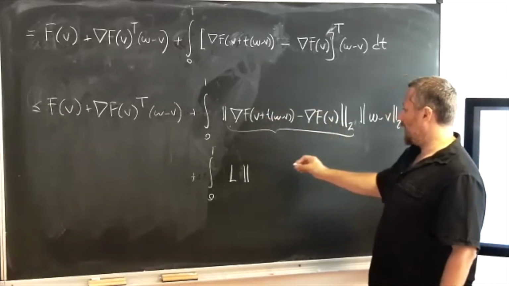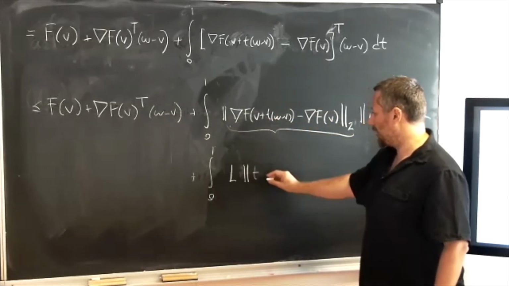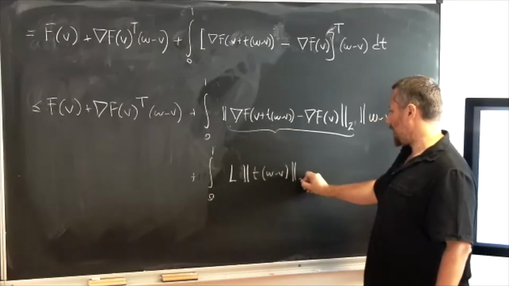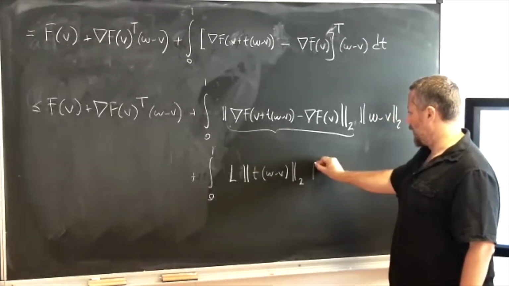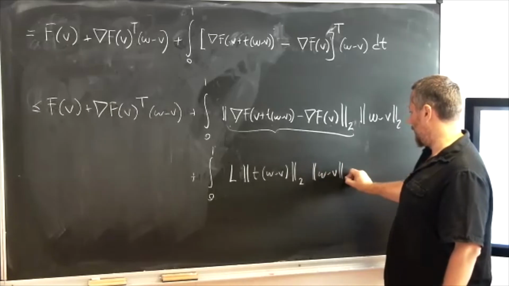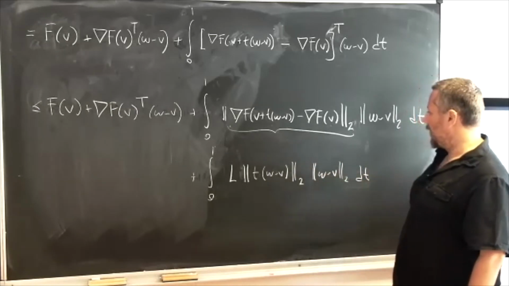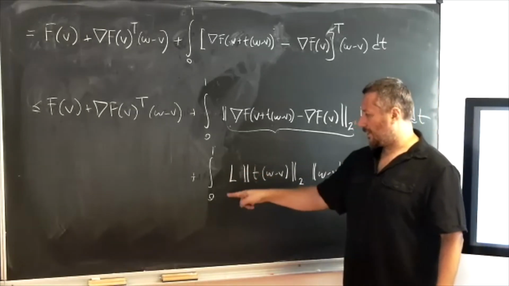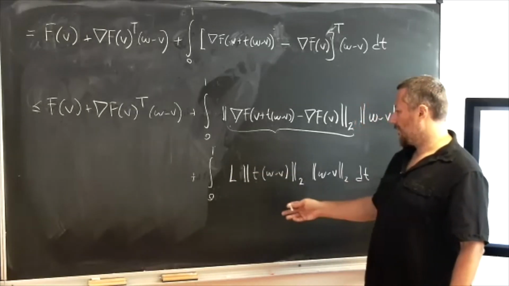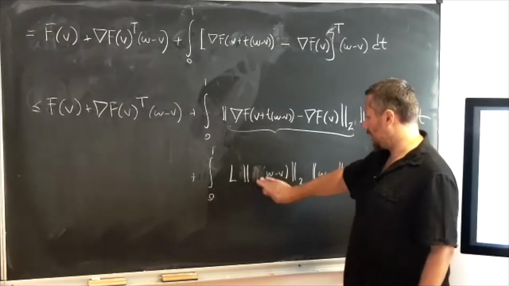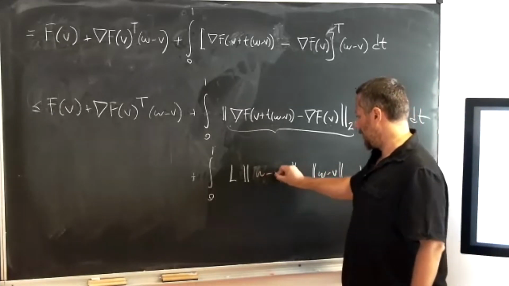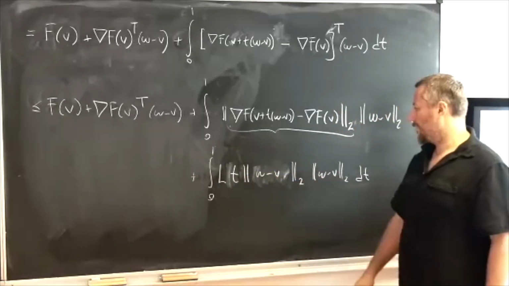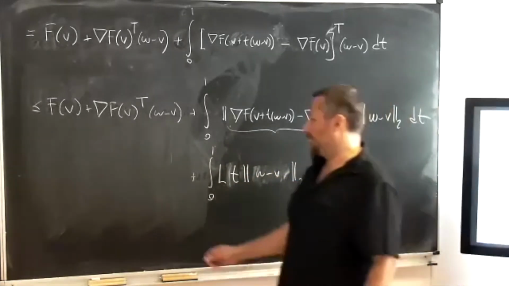V will cancel out, so we will have t times omega minus v, and then omega minus v dt. And I'm going to take this scalar t outside. It's a scalar between 0 and 1, it's positive, so I can just take it out. And whatever you have here.